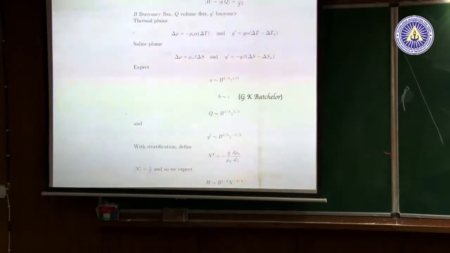But that's not an important variable. The only important variables, and that does take some insight, are the buoyancy, the volume flux, and the buoyancy flux, though those are related. But I'm going to prove this by writing equations down, and then you'll be able to see which parts of the equations are important and which are not, because you've got this dimensional analysis.